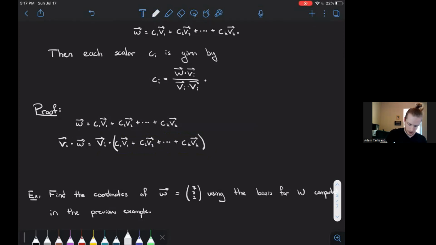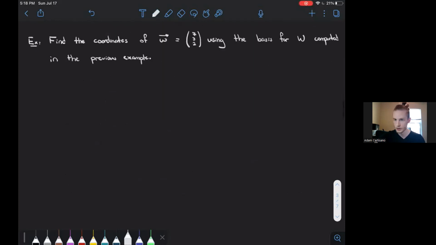So in other words, vi dot w is ci times vi dot vi. Okay, divide both sides by that number. And we're done. Isn't that great? Orthogonal vectors make computations really easy. We have to work hard to get them sometimes, but then once we do that, we have no problem making use of them. They get some really, really nice properties.